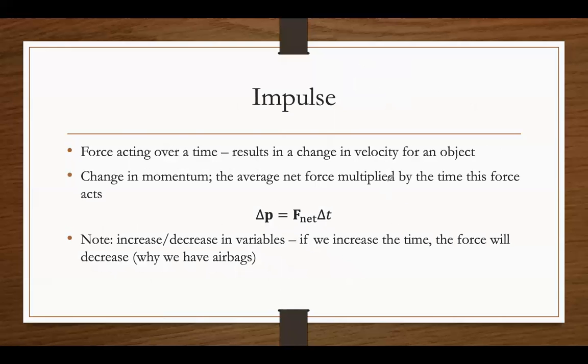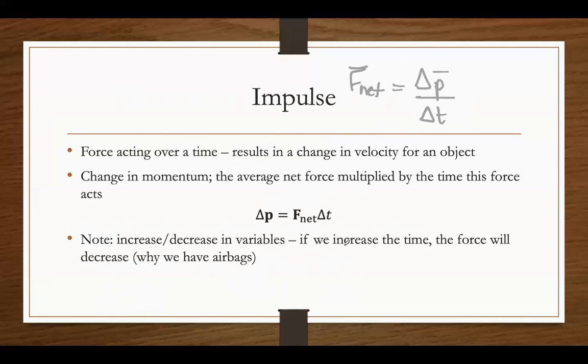Now let's move on to rearranging the equation that we just discovered. Our equation is F net equals delta P over delta T. We want to rearrange this because it will give us another quantity to look at.